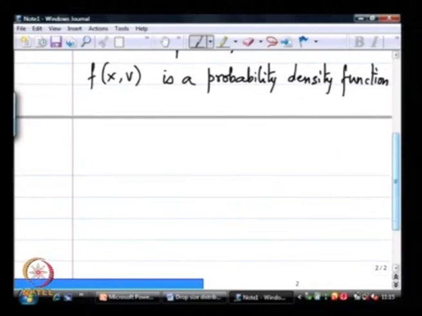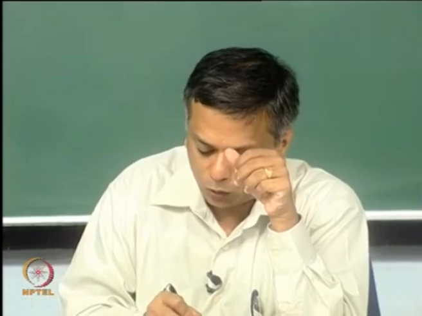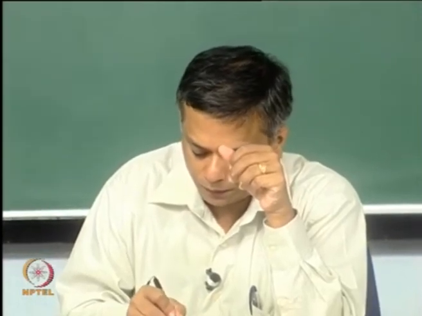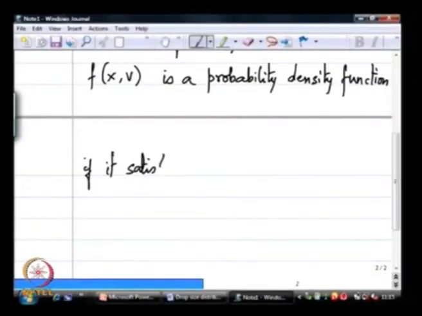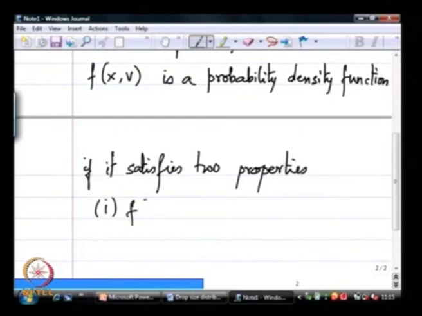f of x comma v is a probability density function if it satisfies two properties. One, f of x comma v is greater than 0 for all x and v that are admissible.